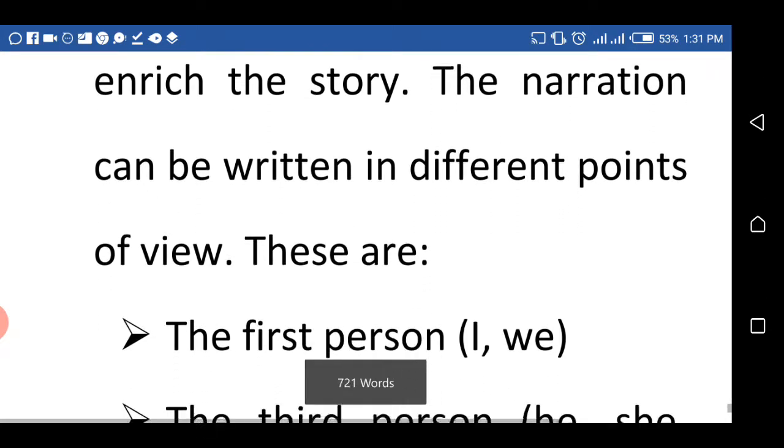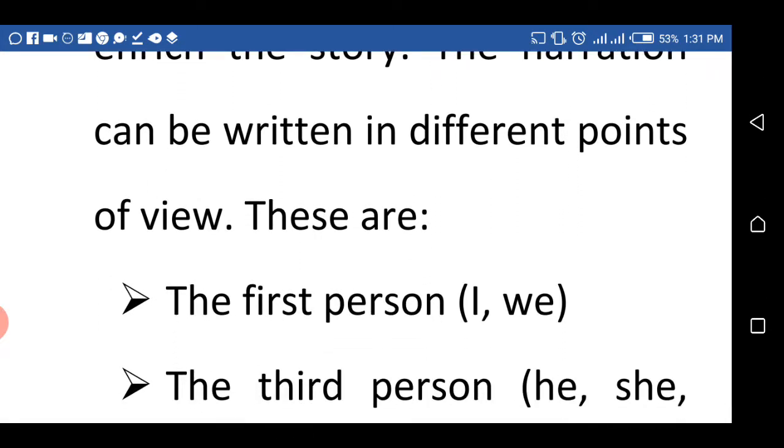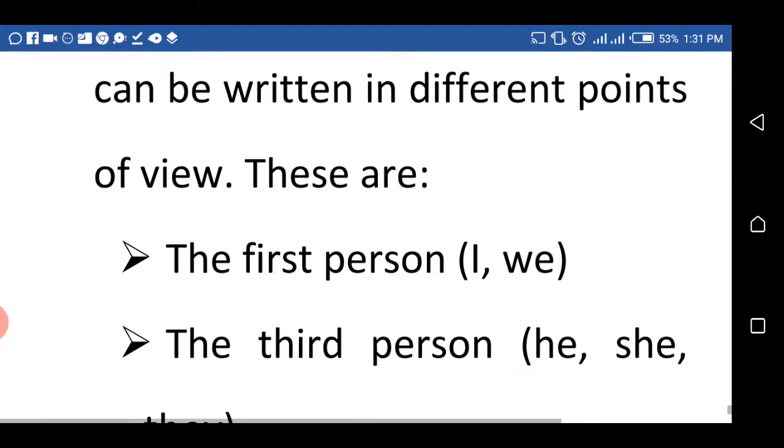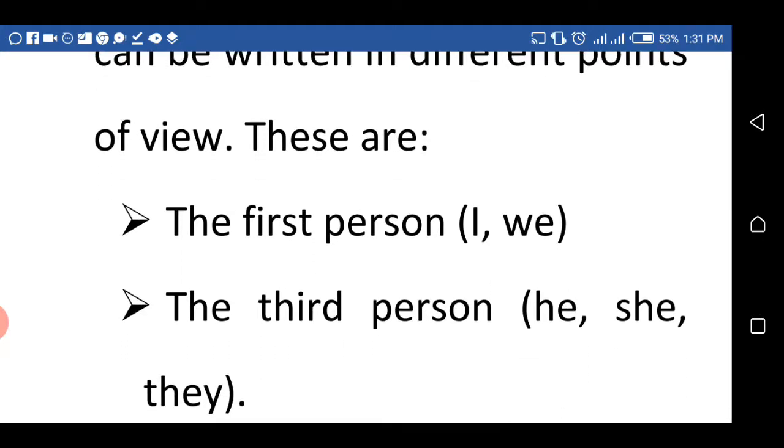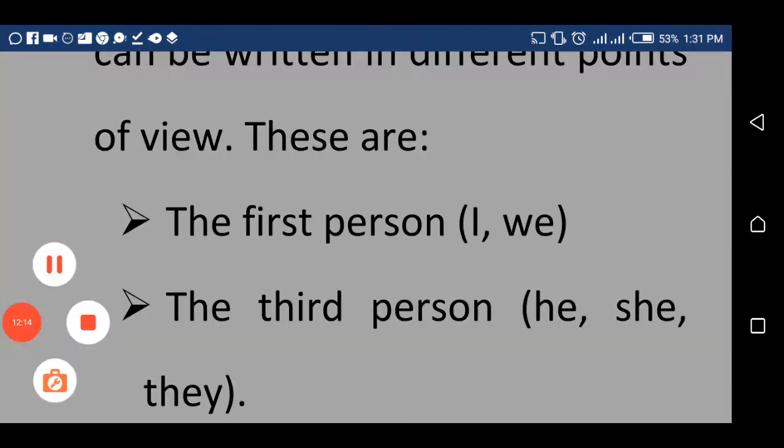These are either the first person, that is the adoption of the pronoun I or we, or the writer may decide to use the third person to narrate, using the third person pronouns, that is he, she, or they, as a third person narrative point of view.